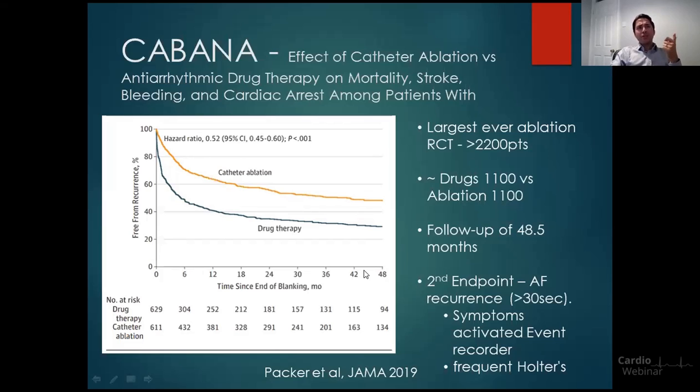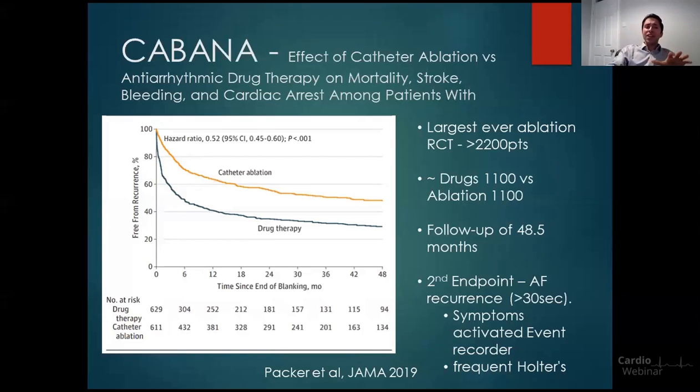And this was measured with a very stringent endpoint, which was just recurrence defined by AF over 30 seconds only. Now, the problem with this sort of recurrence is it's very subjective. Your patient has to say, oh, I've got symptoms, or you have to do random Holter monitors and you can then capture, hopefully, an AF recurrence. But on all the other days, you may miss it.